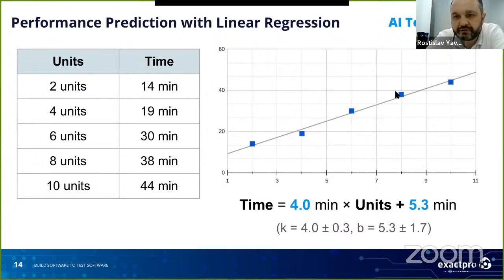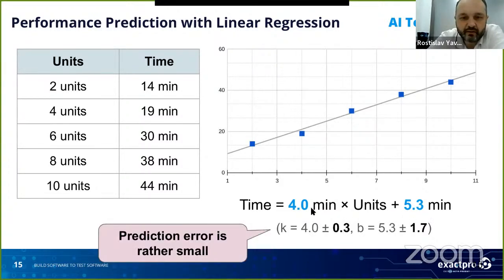Then you apply linear regression. You see this green line, which is a quite good approximation of the time you need to perform this kind of task. And you can use this linear approximation for future predictions, right? According to this algorithm, the average time you need for 1 unit is 4 minutes. And the overhead, like in the beginning or at the end of the work, just to start your system, maybe some other preparations, takes approximately 5 minutes.